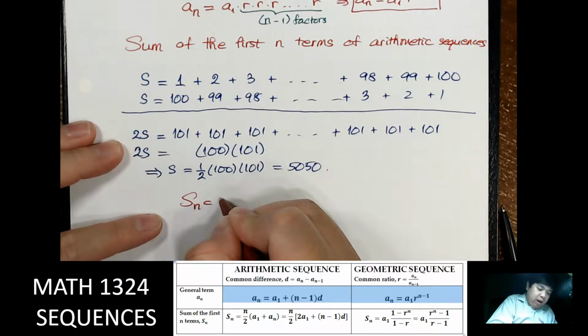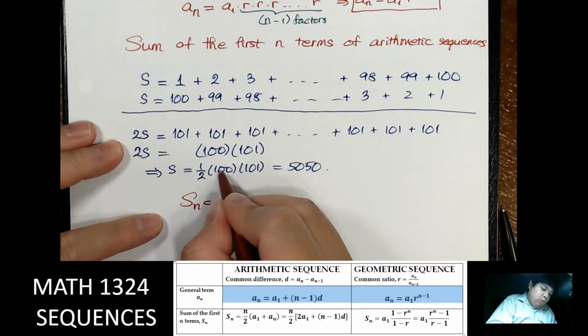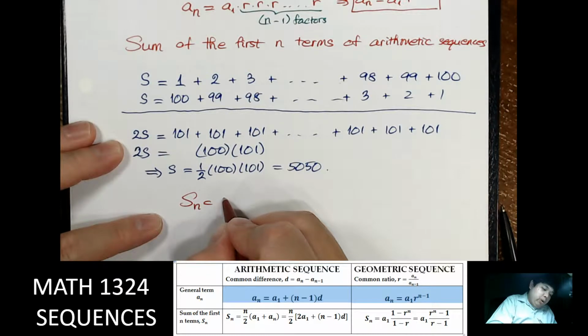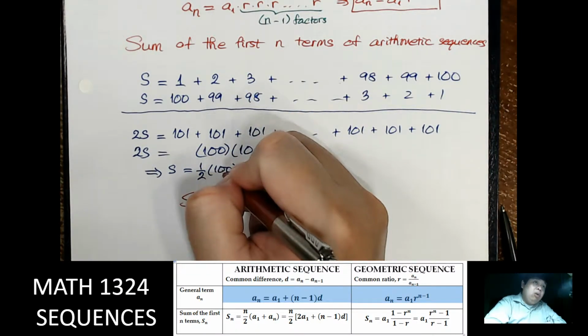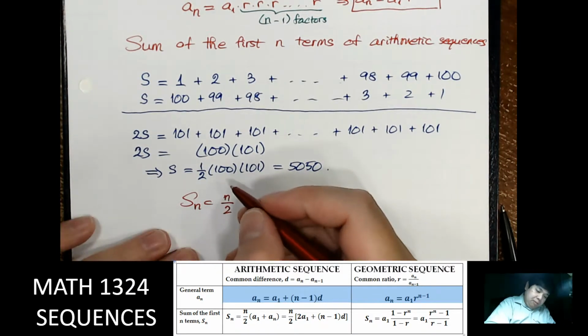So bottom line is we arrive at the formula. We're going to have 1/2, or we write 100 over 2, or we write n over 2. n is 100, the number of terms.